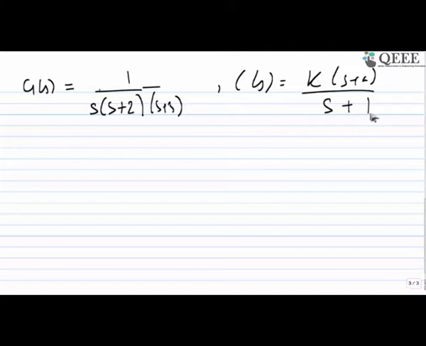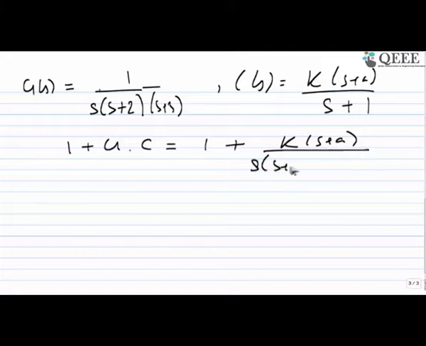We proceed in the same way, where we write 1 plus G into C, which is basically this, with s plus a over s, s plus 1, s plus 2, s plus 3.